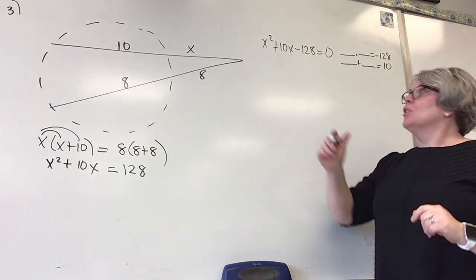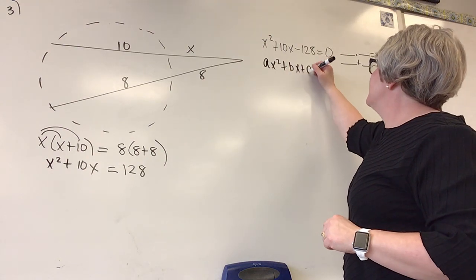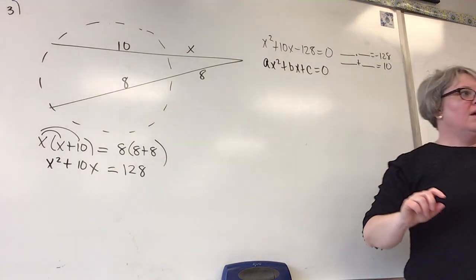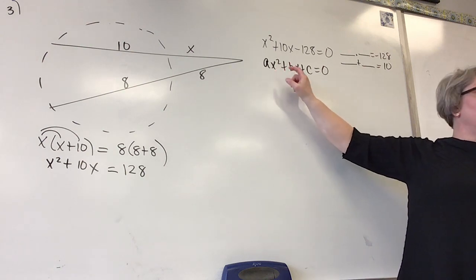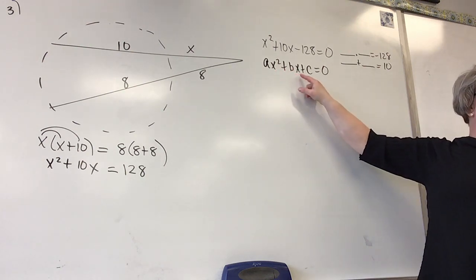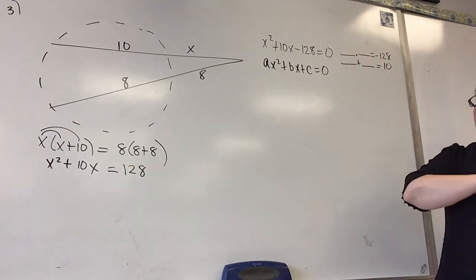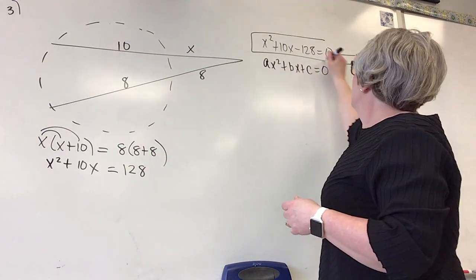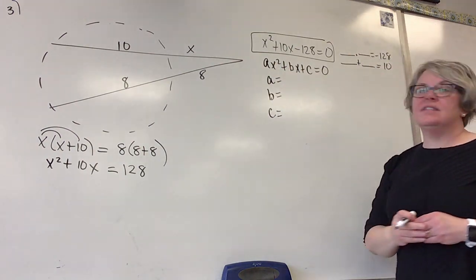Are you ready? The quadratic equation is ax squared plus bx plus c is equal to 0, where a is the number in front of x squared, b is the number in front of x, and c is the constant that has no x with it. So looking up above, what would be my a, b, and c?